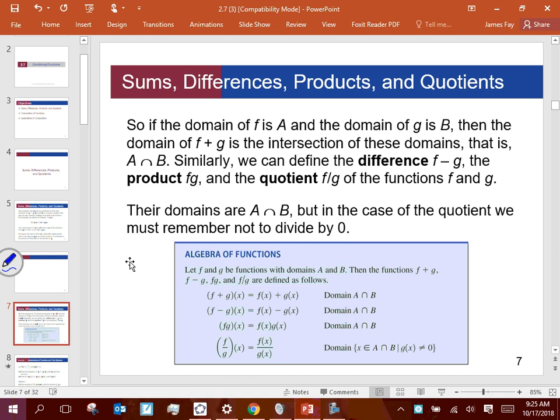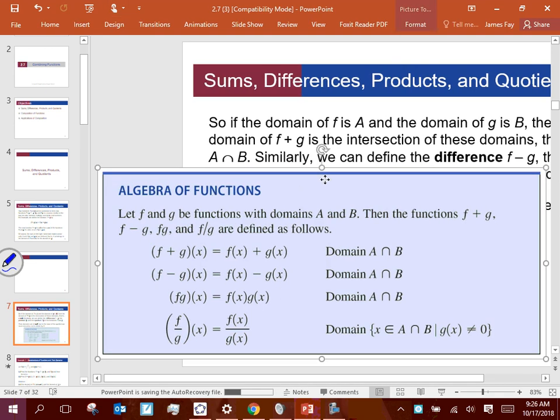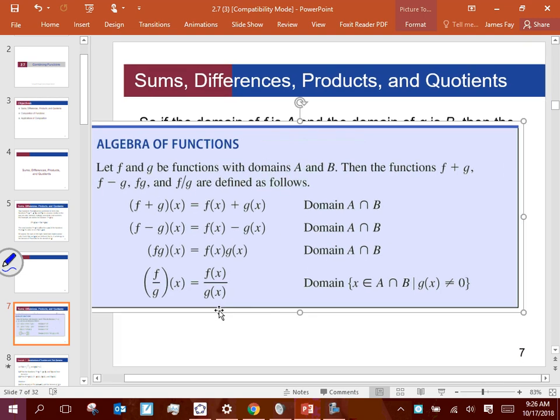So that's why they're saying when we find a domain of our new function, you see how they're writing the rules that we developed in the last slide on the left. You got F plus G of X, they made F of X plus G of X. Well, you see they said a domain is A intersect B, where A is the domain of F and B is the domain of G. Capital letters like A and B.